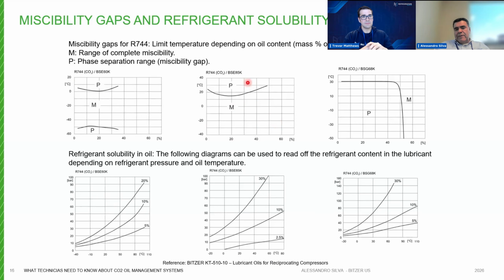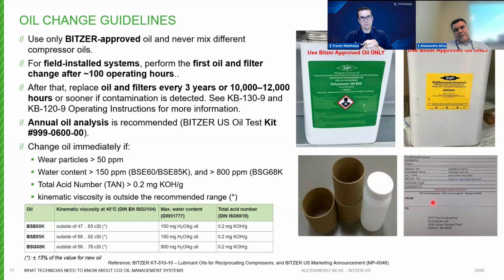That's the reason we recommended this oil for transcritical CO2 booster systems with the low temp and medium temp stage. And the BSG 68 is more for high temp application. So you see here a huge gap for low temp, medium temp, but it is completely miscible for high temp applications. Okay, perfect.